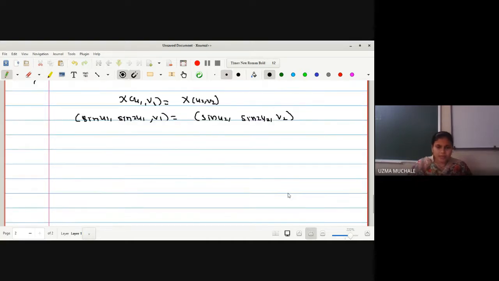Now by coordinate-wise equality we get sin u1 equal to sin u2, and the last one, v1 is equal to v2. That we get directly, right?